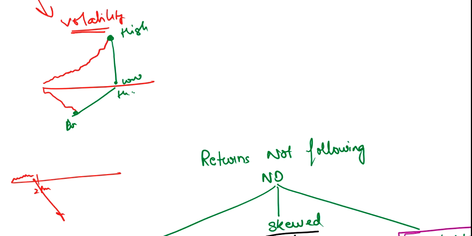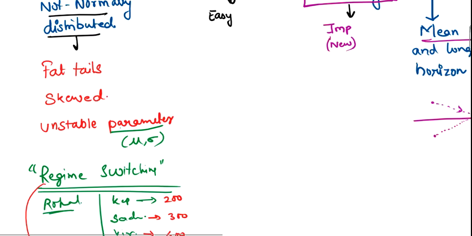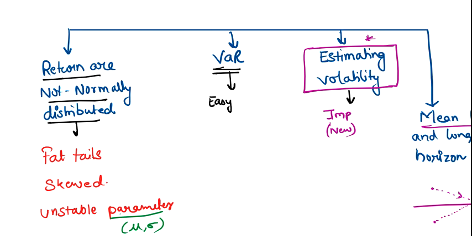You will see that the market will fall down, meaning you will see a huge amount of volatility in the market, because you got some important news and that needs to be incorporated into the market. So this is known as regime switching. We are switching from high volatility to low volatility, or from low volatility to high volatility period. Clear? So this is the end of our first topic, that is returns are not normally distributed.